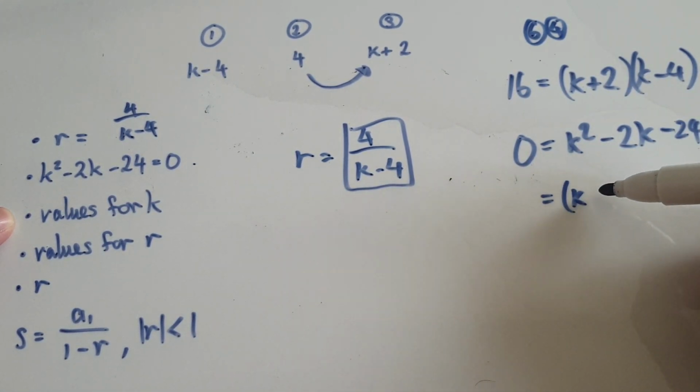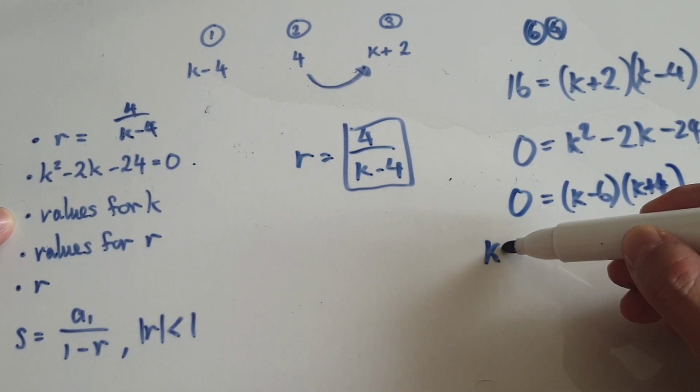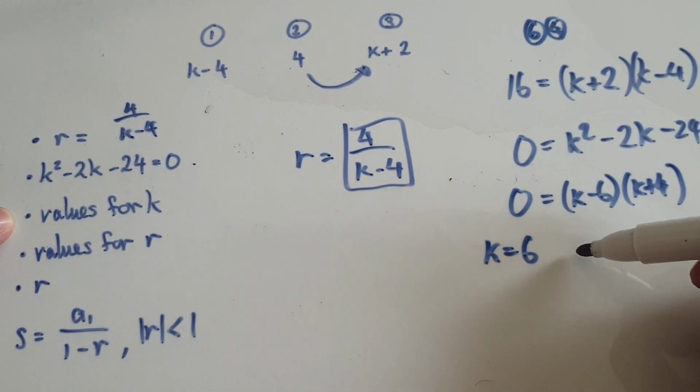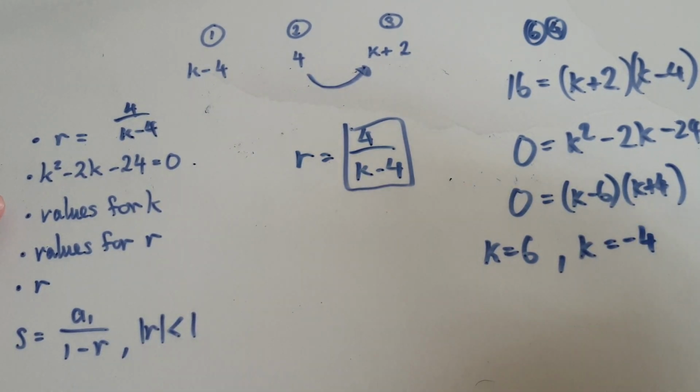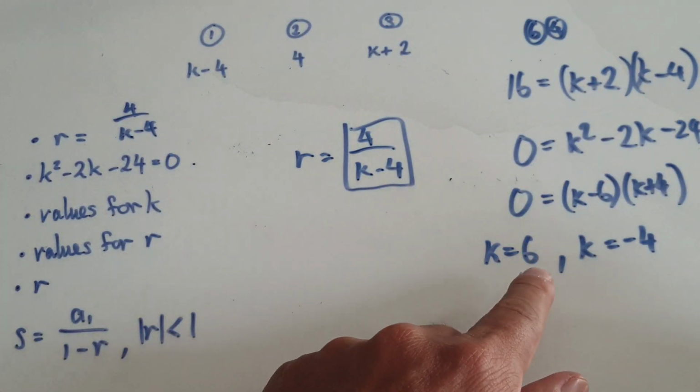This will then be k minus 6 and k plus 4 equals 0. So that means k could be 6, or k could be negative 4.